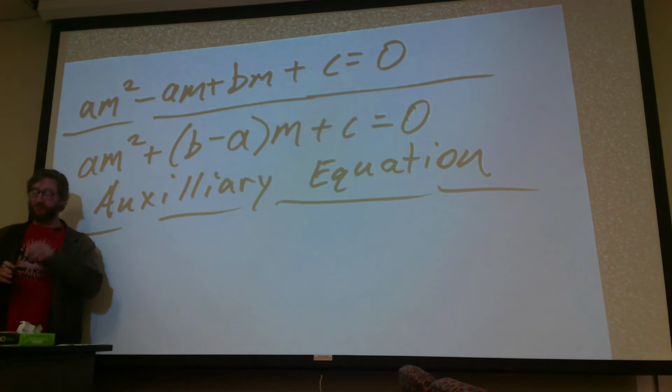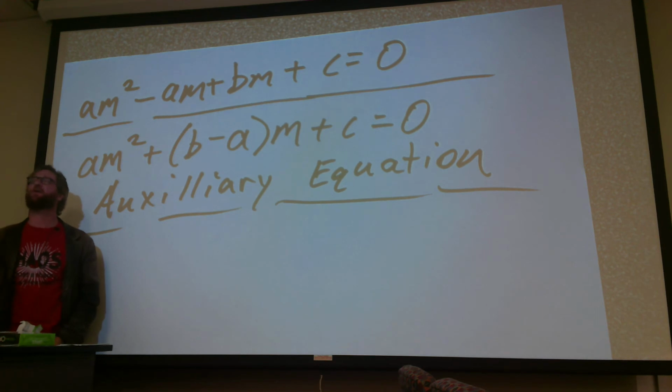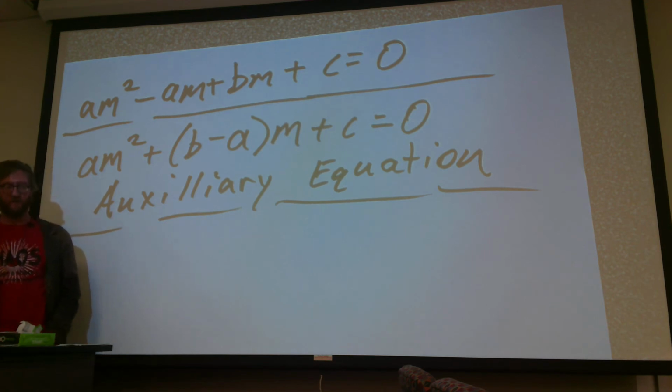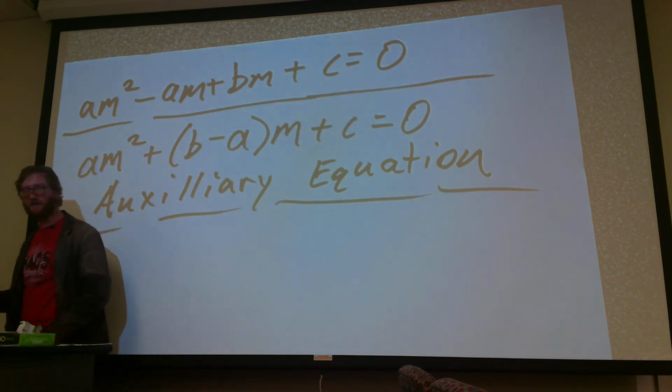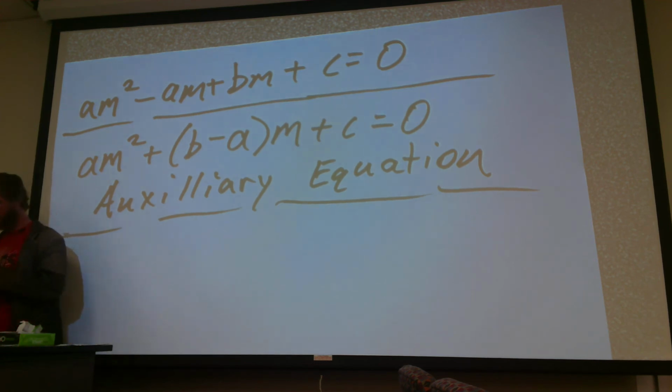All right, so just like with the auxiliary equations for our standard homogeneous differential equation with constant coefficients, we got some rules that come up with: is the root repeated, is the root complex, things like that. So we do have a set of rules that's going to be associated with this. All right?